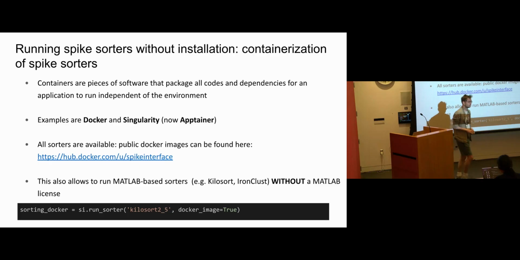How easy would it be to configure some custom sorter, some executables? Yeah, very easy. So I won't show you anything, but there's a module in SpikeInterface called sorting components, and it tries to break sorting into its individual components.